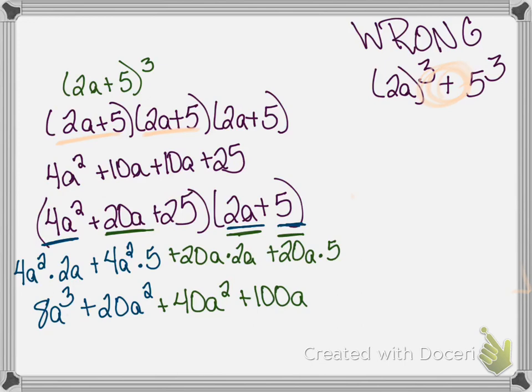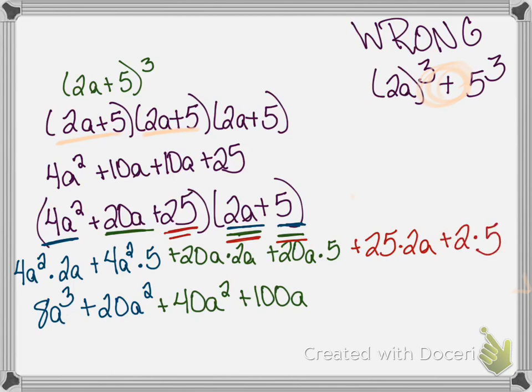Now, the next thing that I have to do is multiply 25 times 2a and 25 times 5. So I have 25 times 2a, and then I have 25 times 5.